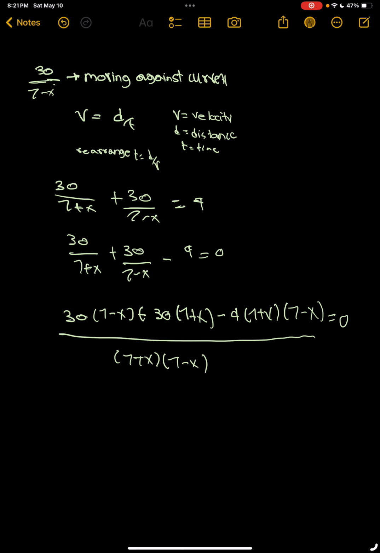Now, once we solve that, we know 30 times 7 is 210 minus 30x. Then we have plus 210 plus 30x. Then we have minus 63.